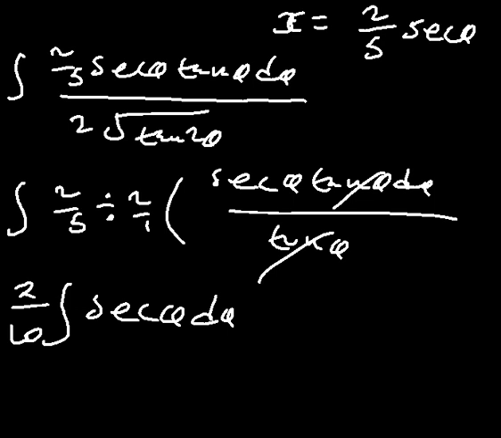The integral of sec theta, with 2 over 10 being the same as 1 over 5, gives 1 over 5 ln of the absolute value of sec theta plus tan theta, plus c at the end.